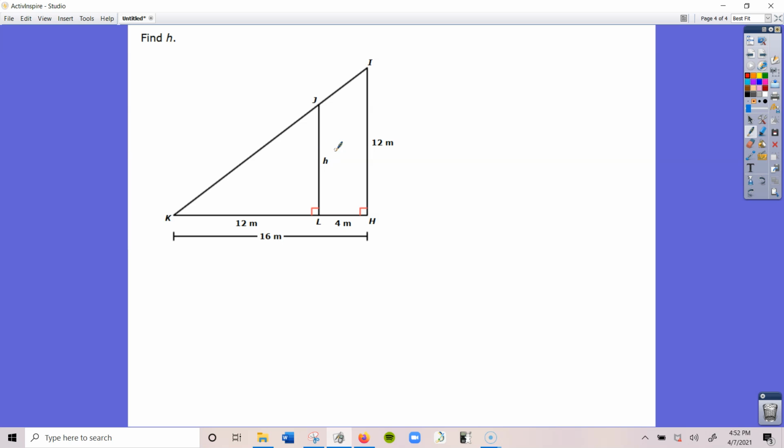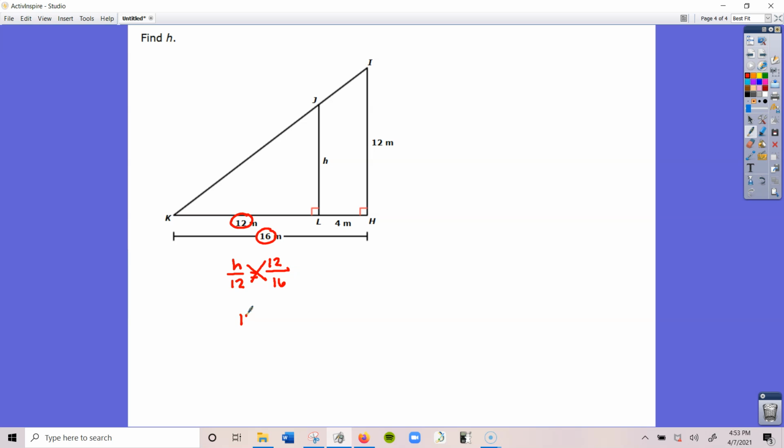So we're trying to solve for H. I'm going to go small to big. So H over 12 is going to equal to, and then I use these corresponding sides, small 12 to 16. So now we multiply.